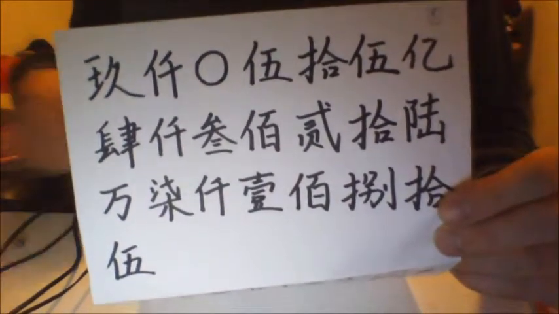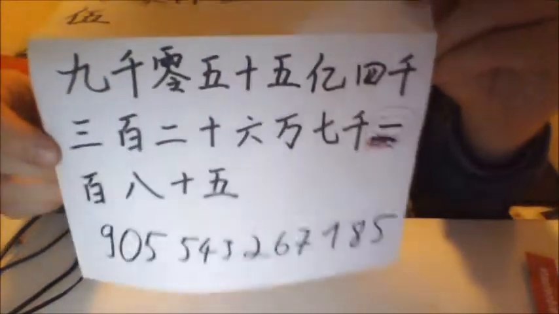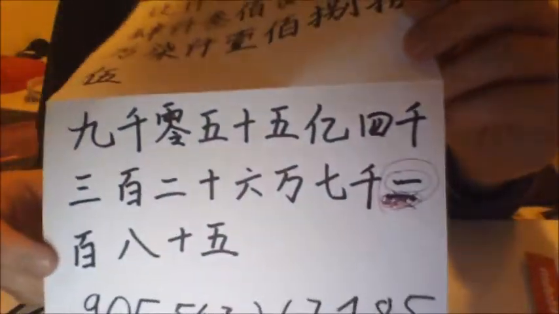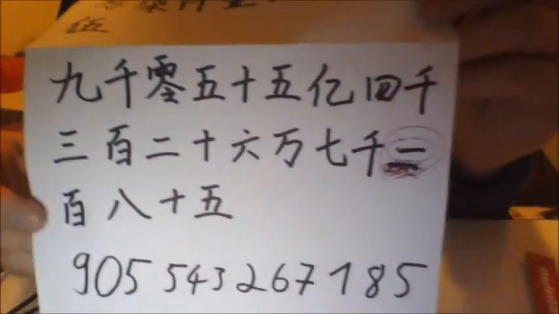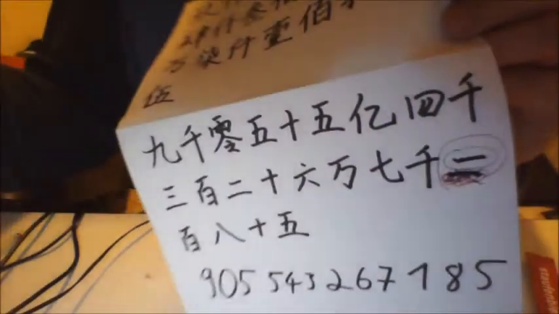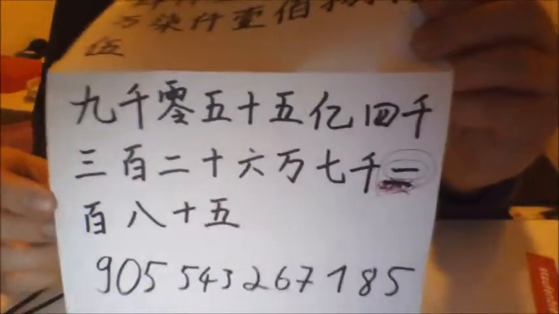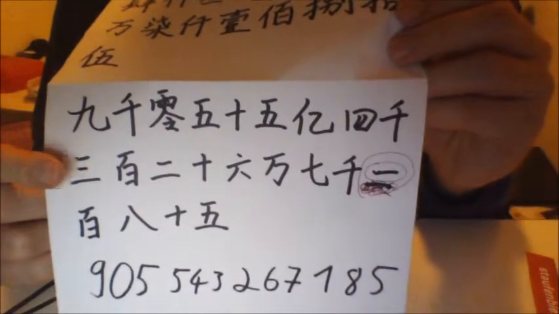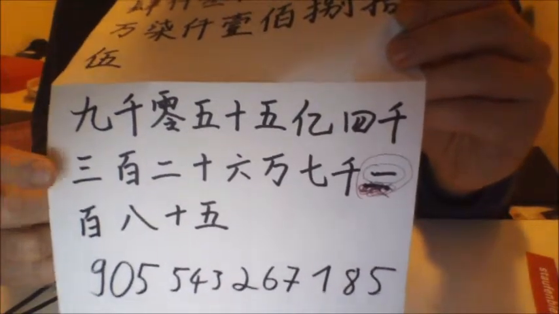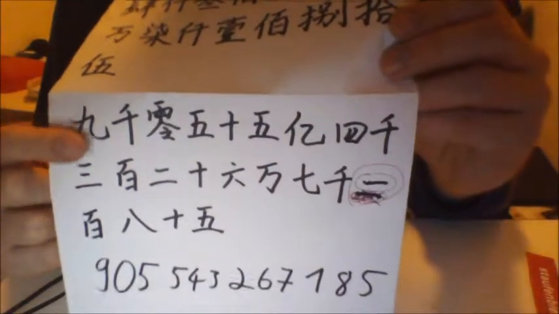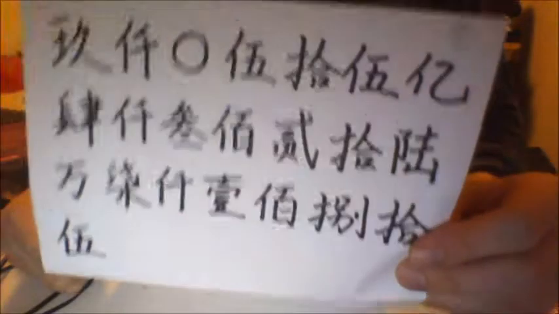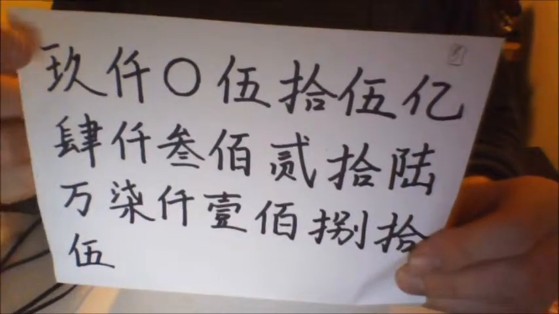The reason we have not only this way of writing big numbers, but also this way, is that if you go to a bank and fill out a form, then it is much easier to manipulate the everyday numbers. If you add one stroke or connect one stroke, it is much easier to turn these numbers into a different number than it is with the financial numbers, because those are more unique.